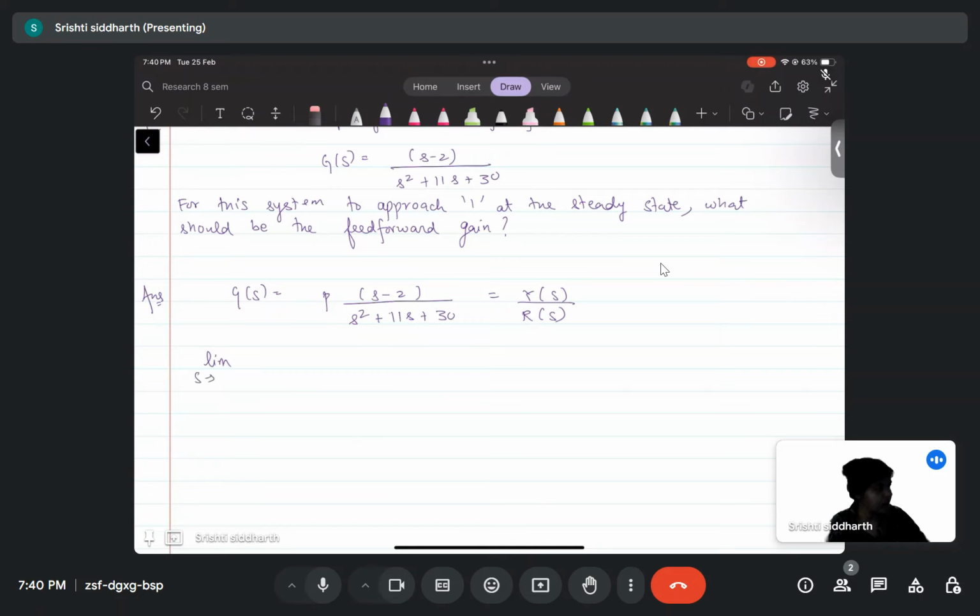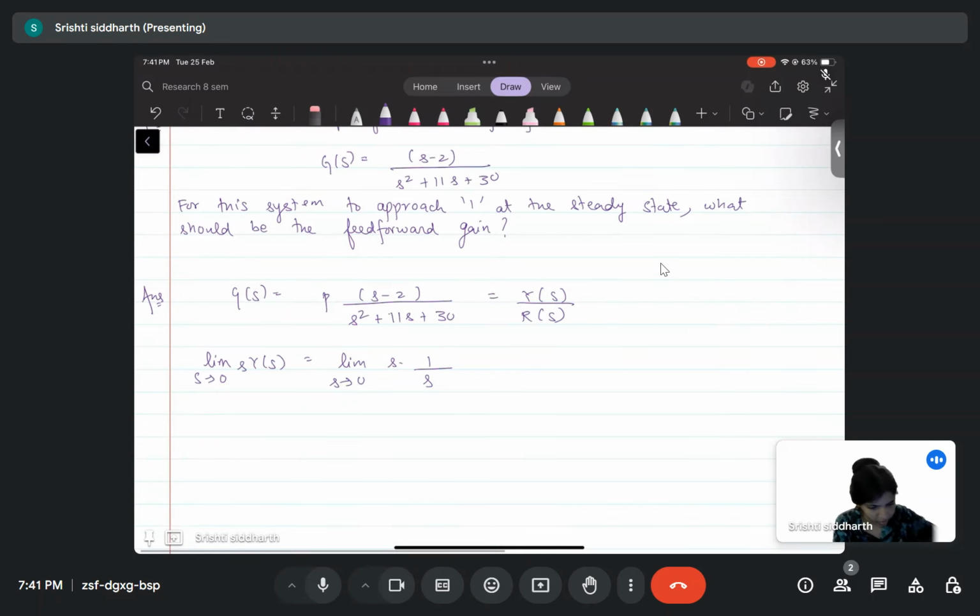At the steady state, s tending to 0, s times Y of s, which is simply s times 1 by s, because the system has to approach 1 at the steady state, times P times s minus 2 upon s squared plus 11s plus 30.